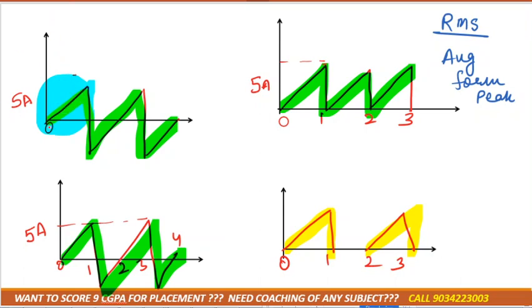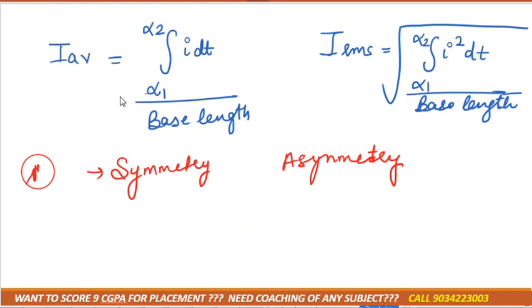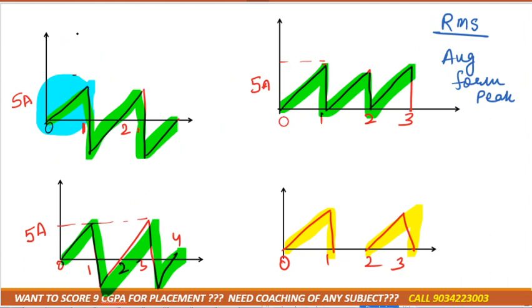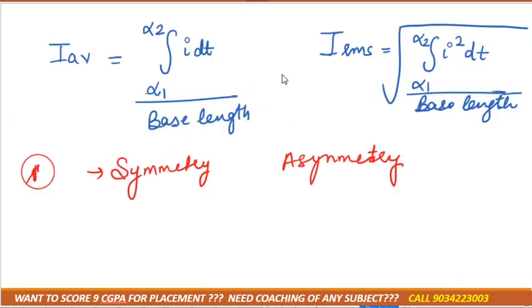Now as you can see, this varies from 0 to 1, right? So its alpha 1 and alpha 2 values are 0 and 1. I'm writing down here alpha 1 is 0 and alpha 2 is 1. Now we should know the base length.